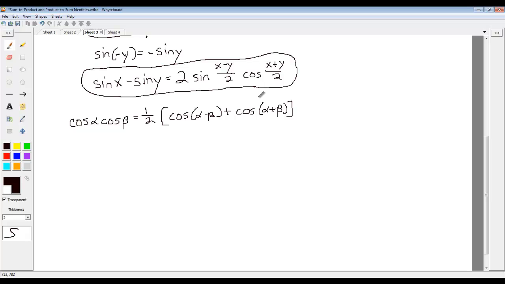Let's do that procedure again where alpha is going to be x plus y over 2. Beta is going to be x minus y over 2.